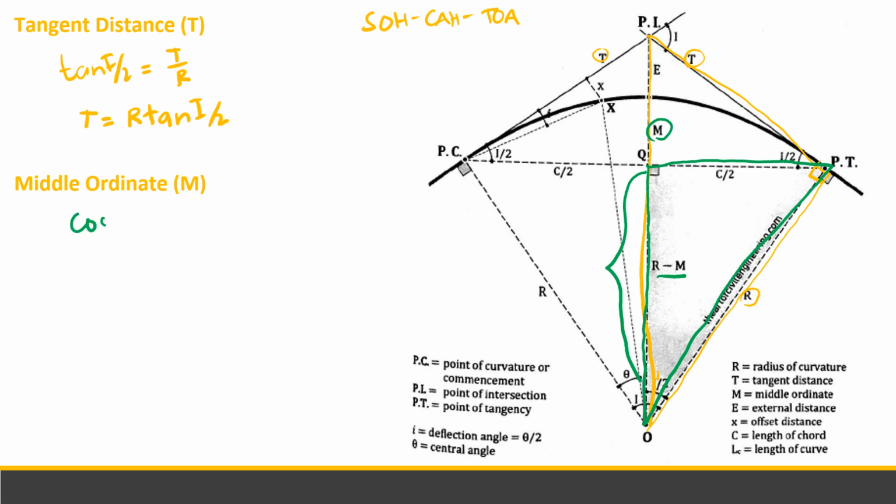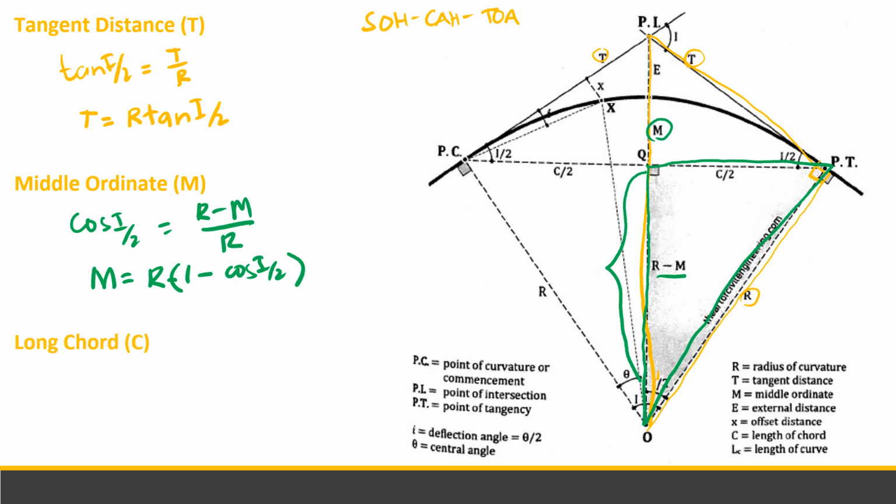So cosine I/2 is equals to R minus M over R. So we simplify the equation. Middle ordinate M is equals to R times 1 minus cosine I/2. So that is for the middle ordinate.